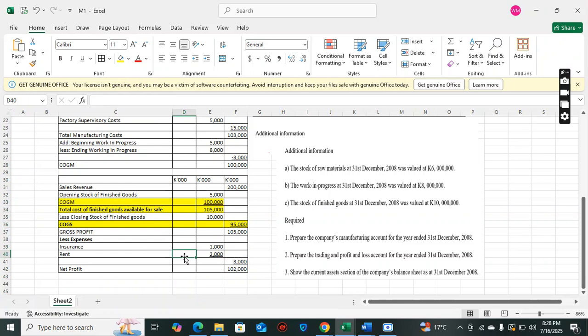I just didn't want to send it yesterday. I just sent the manufacturing account. So this will be the income statement, because the income statement is the trading account and statement of profit or loss. And also we have to put the balance sheet side.